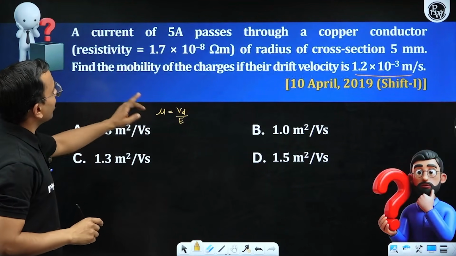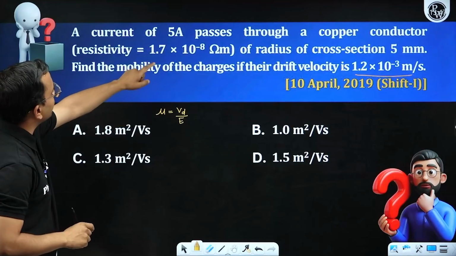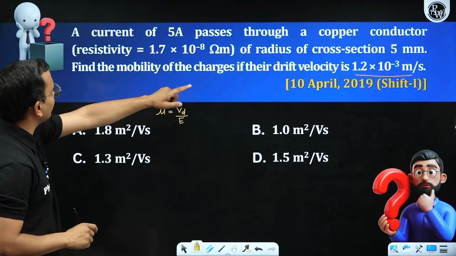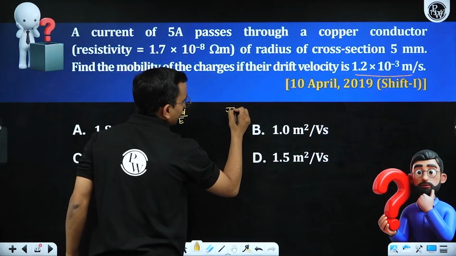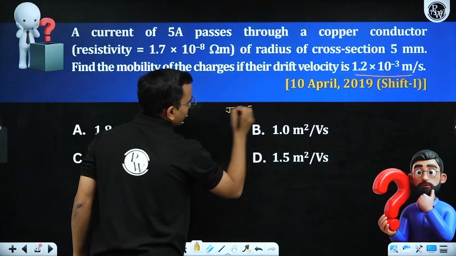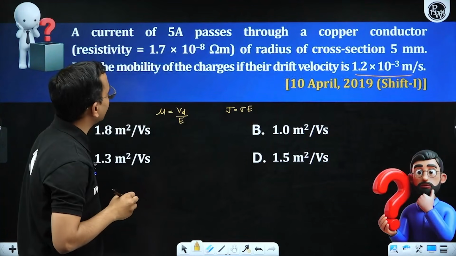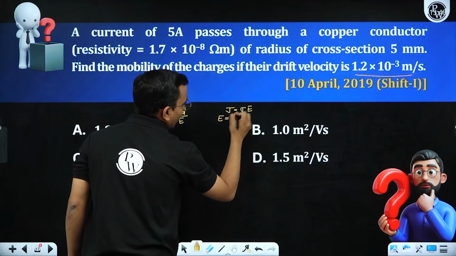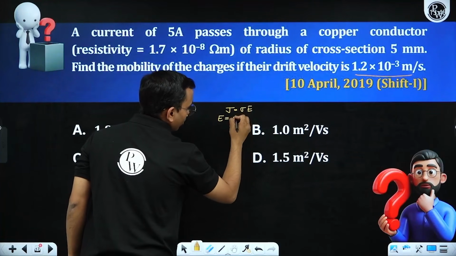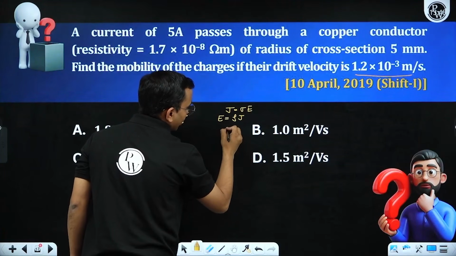For electric field the current is given to me, the area of cross section I can find, the resistivity is given. So I know J is equals to sigma E. From there I can say E is equals to, sigma is 1 by rho, so this is rho into J, and J is I into A, like that.